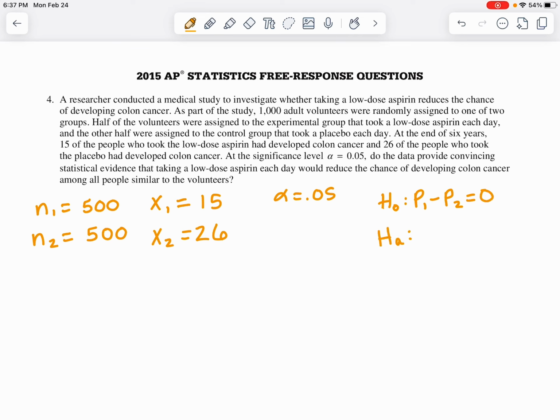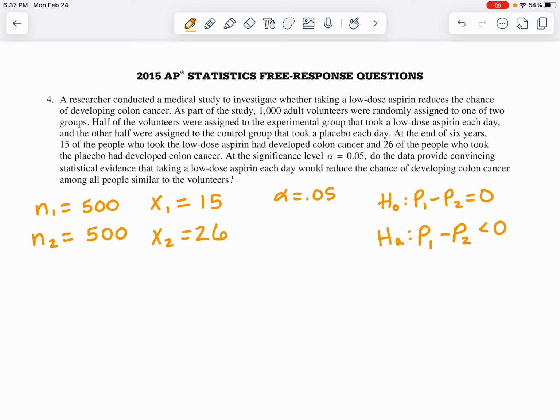So we're looking for if this provides statistical evidence that taking the aspirin reduces your chance of colon cancer. So we want to know if P1 is going to have less of a chance of getting colon cancer than P2, which when we subtract them, will result in a difference that is negative. So we're going to say is less than 0.